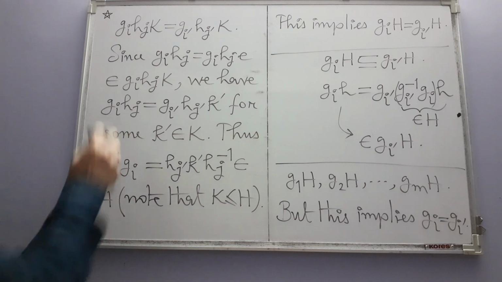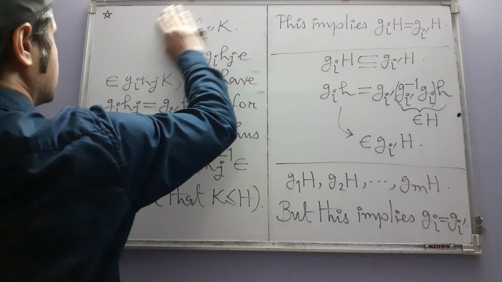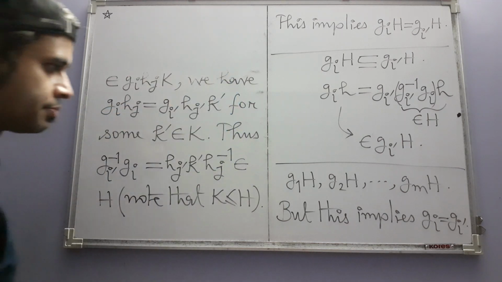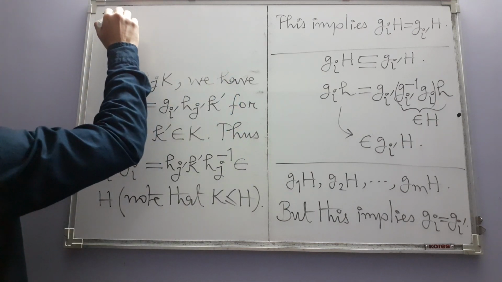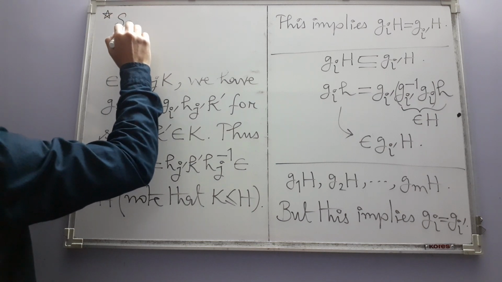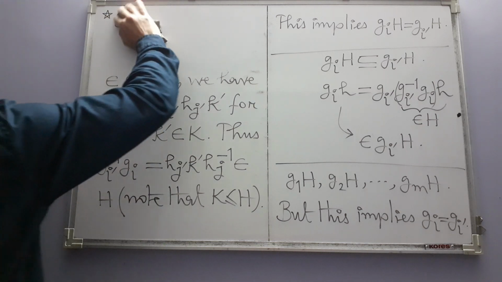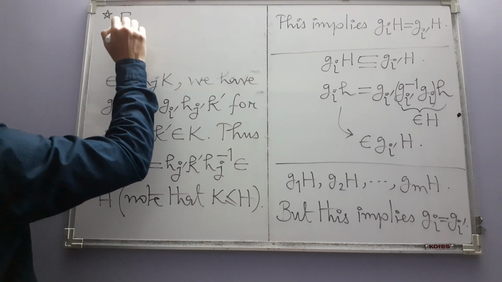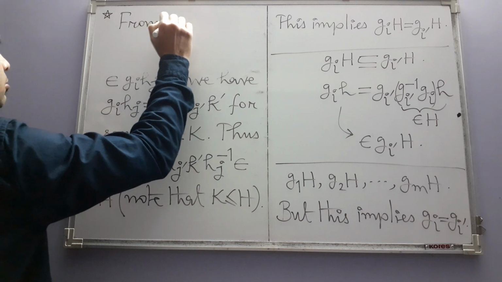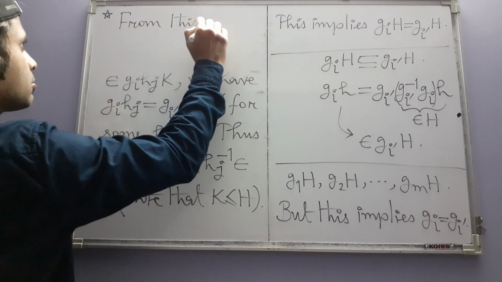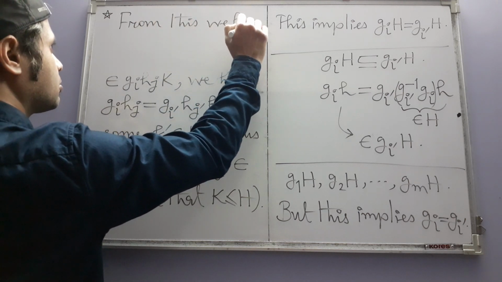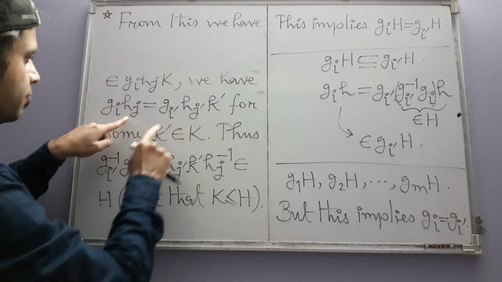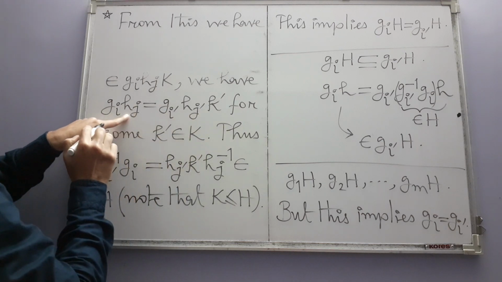So now the implication is this. From this, if we cancel this same thing, they are the same from both sides, then we get this.